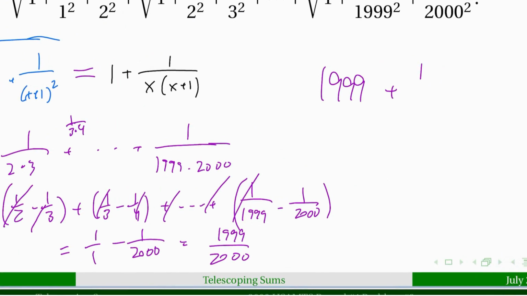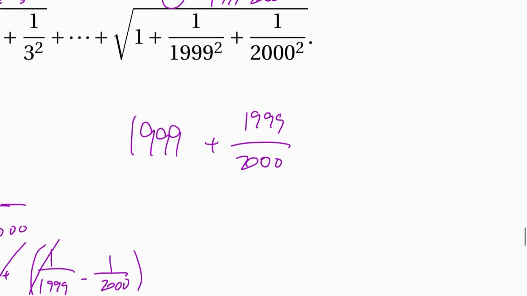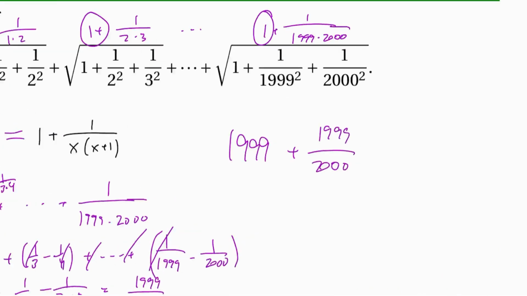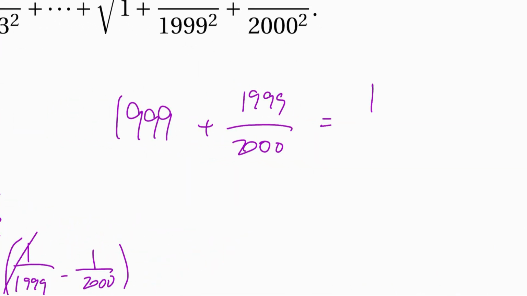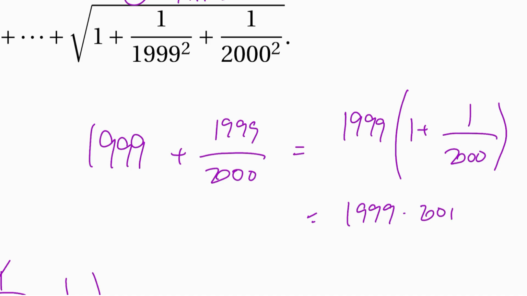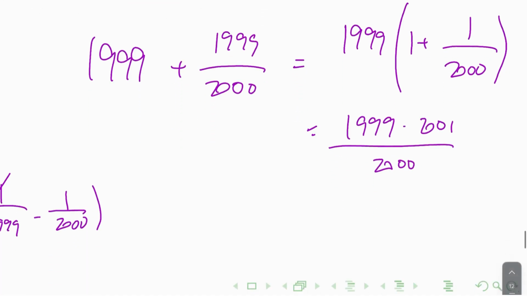So we have something very nice that we just want to find. Well, I guess this is already simplified, but let's see: 1999 plus 1999 over 2000, this is 1999 times 2000 plus 1 over 2000.